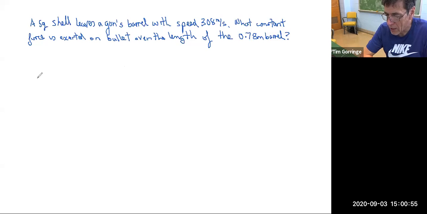In one step, we're going to think about the kinematics of the bullet's motion along the barrel and calculate its acceleration. In the second step, we're going to think about the dynamics and the force that's propelling the bullet down the length of the barrel.